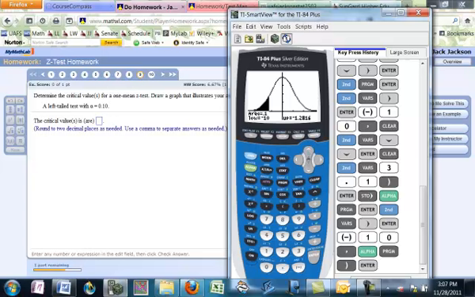The words are cutting off a little bit of my graph, but you can see the shaded region, and that area is 0.1, or 10%, with 90% unshaded, and that is negative 1.2816. To 2 decimal places, negative 1.28.